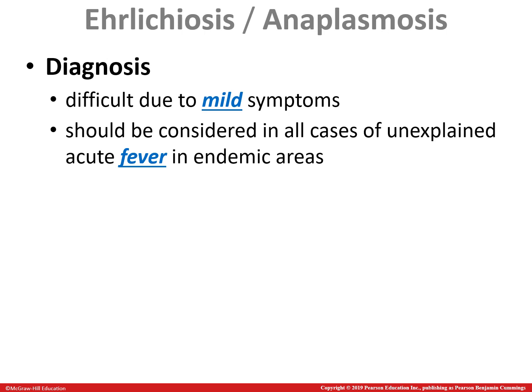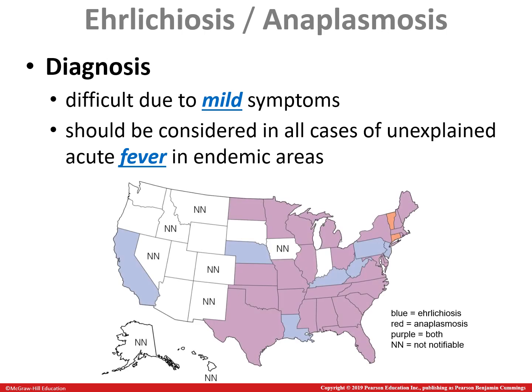But in unexplained acute fever, if you're in any area where there's ticks, if it's the season for active tick bites potentially, it should be considered, especially in very young patients, because it, again, can be a fatal disease in some individuals. Very young and very old patients are typically the highest risk.